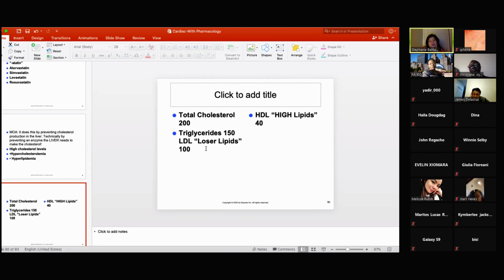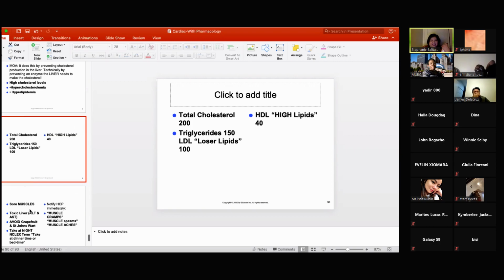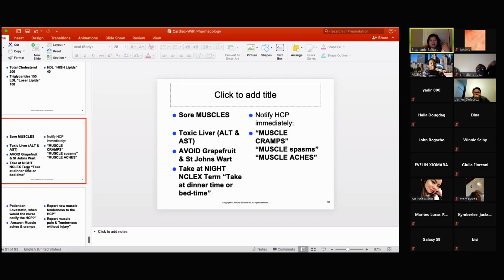It's the lousy lipids. L should be low. So LDL, you want them low. Your HDL, you want them high, because they're the good cholesterol. Toxic liver enzymes.